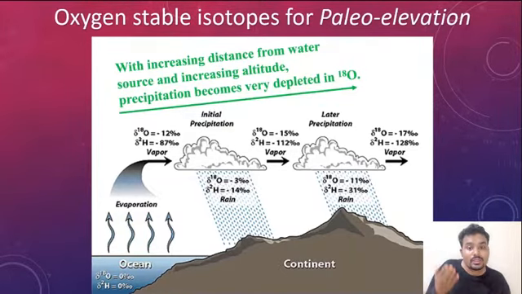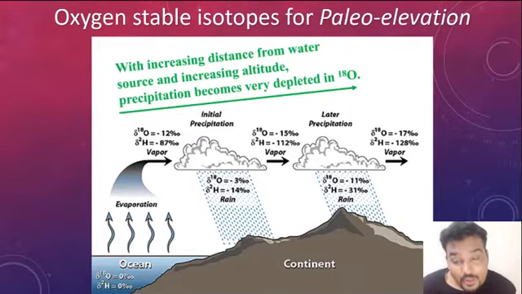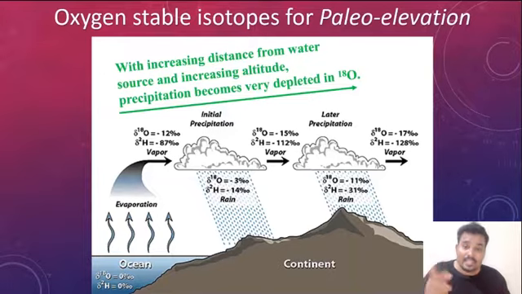So the O18 will precipitate out first. By the time the cloud is going far away from the source area, what does it have more of? O16, and that's why O16 is more in the glaciers, and not in the lower regions, in lower latitudes. Similarly for altitude, if you see clouds at different heights, the cloud at the lower altitude has more O18 than the cloud at higher altitude.